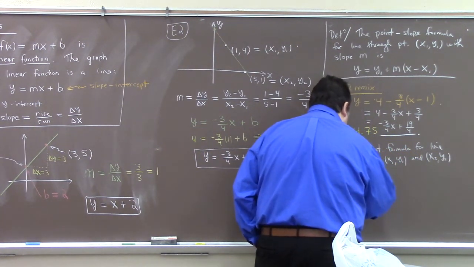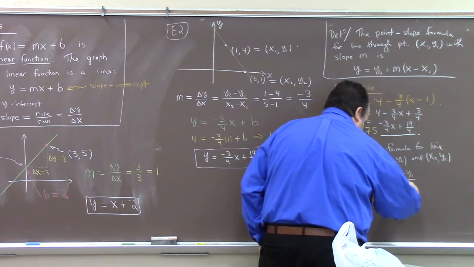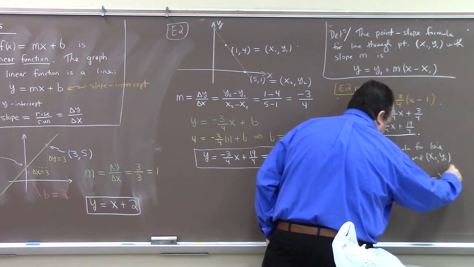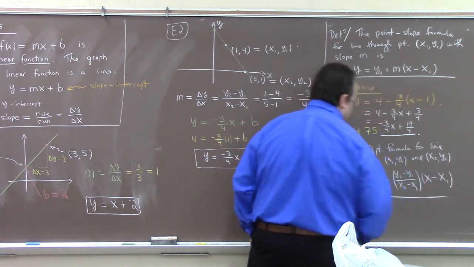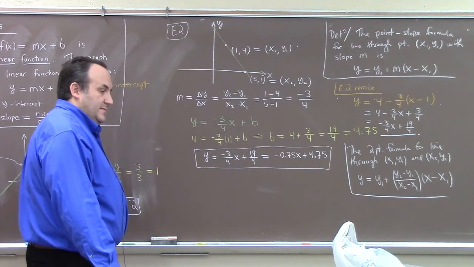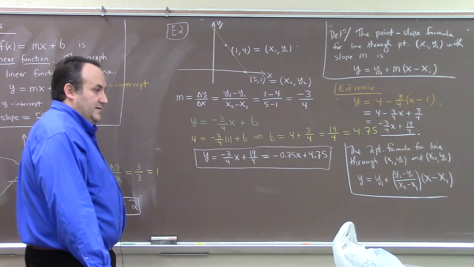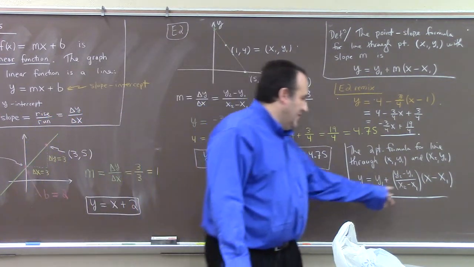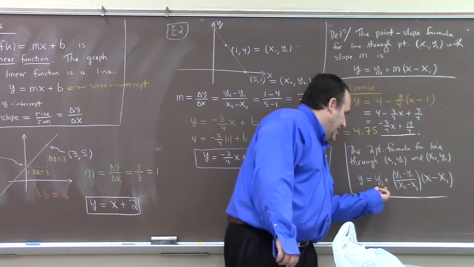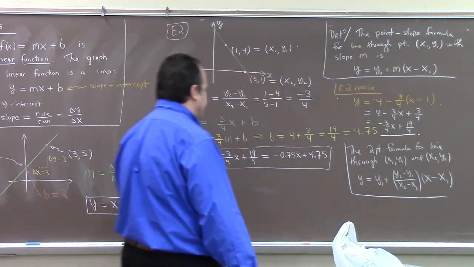You can just do this: y is equal to y1 plus (y2 minus y1) over (x2 minus x1) times x minus x1. That is the 2-point formula for a line. If you look at the mechanics of what we did in example 2 remix, it's pretty much the same thing. The 2-point formula has the slope calculated here, as we figured out, and then you just add the y coordinate of the point you're interested in and x minus the other point.